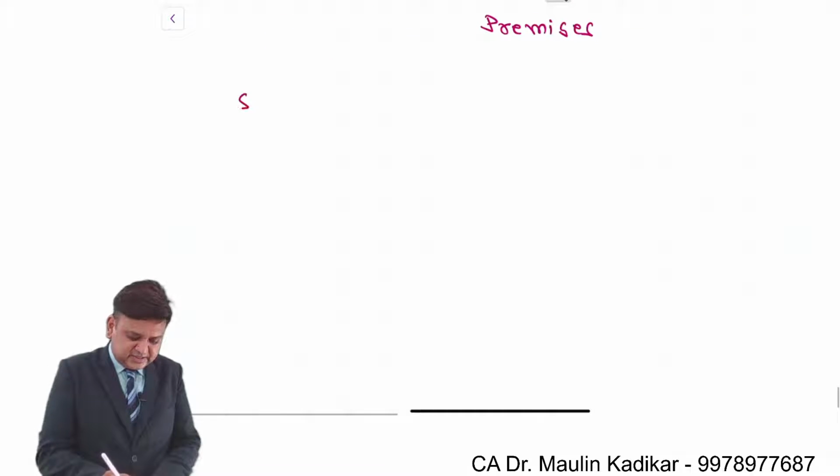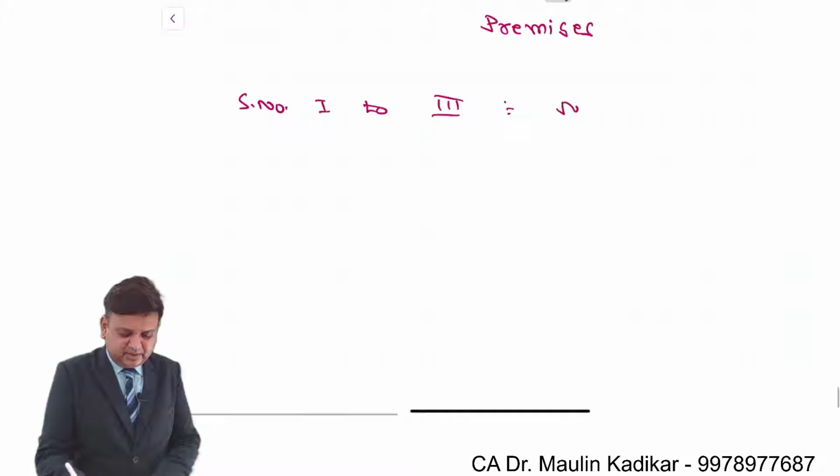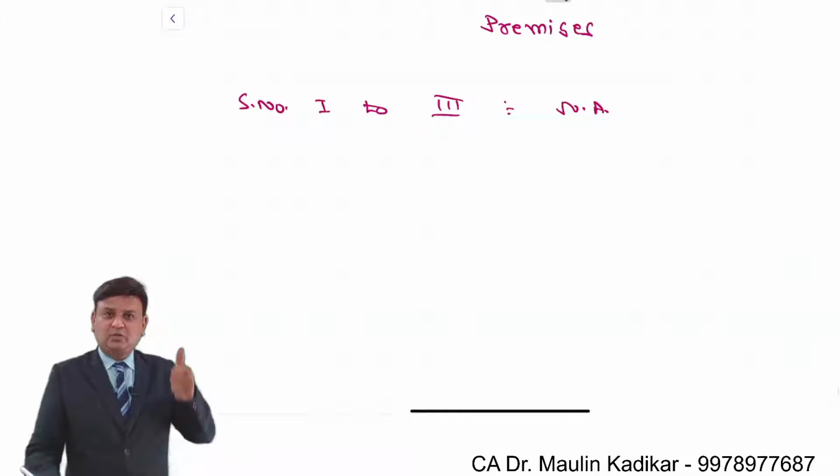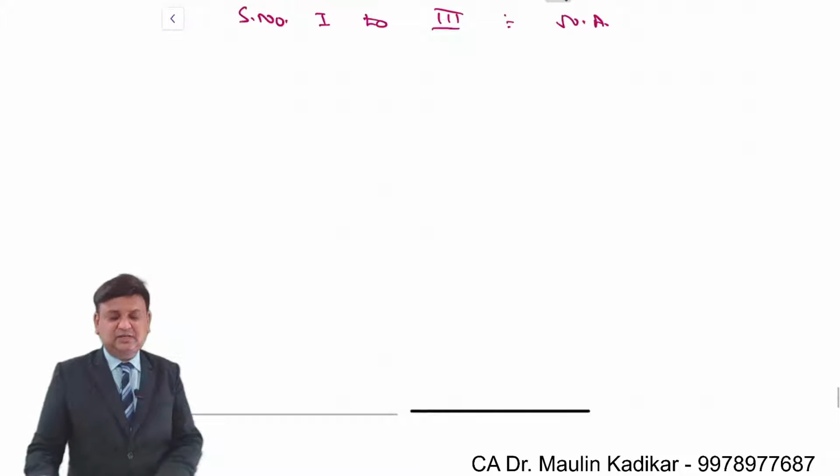We understand that steps number 1 to 3 are not applicable. No investment is required to be made. Second, no depreciation because we have not made any capital investment. And third, there is no terminal cash flow.